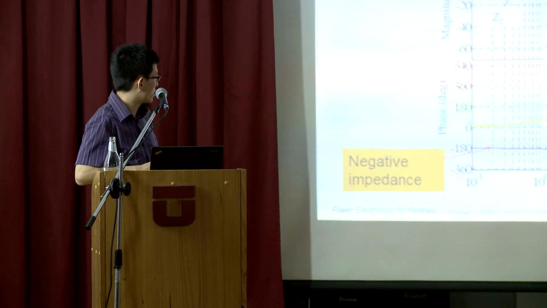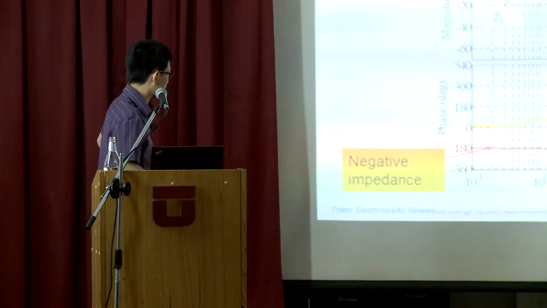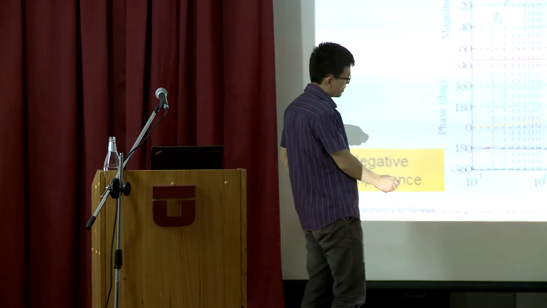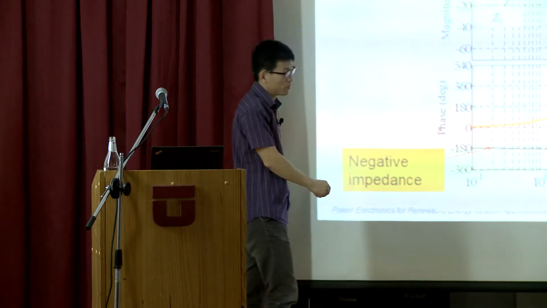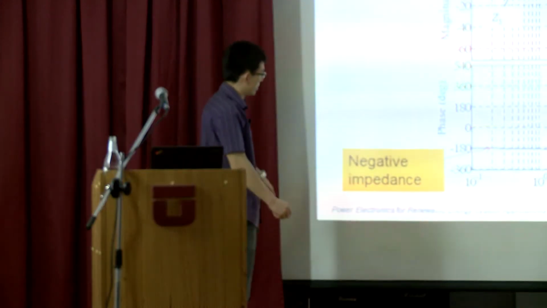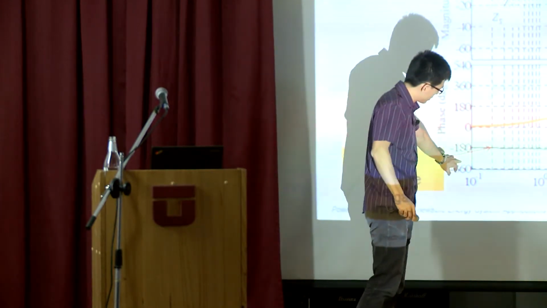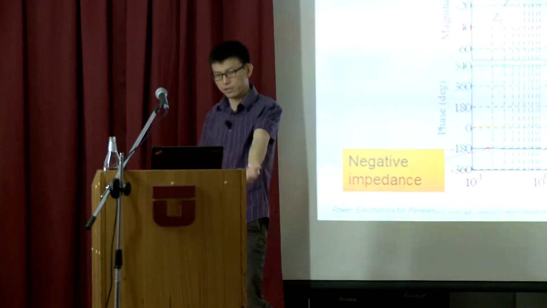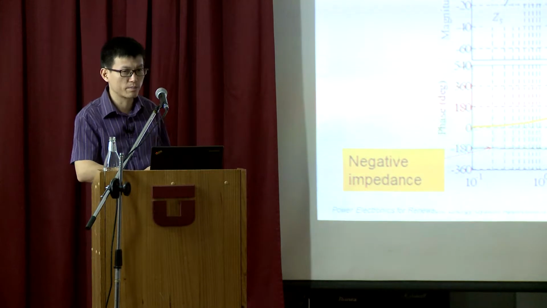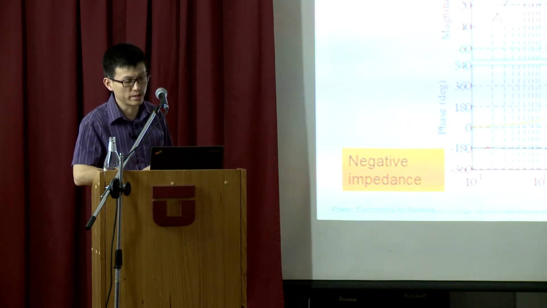Also, you see this negative impedance here. This black line is the load impedance. You find the phase angle is 180 degrees, which means it is a constant power load, which means negative impedance.